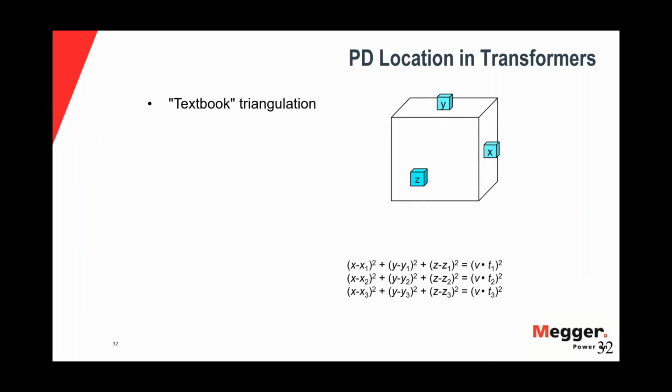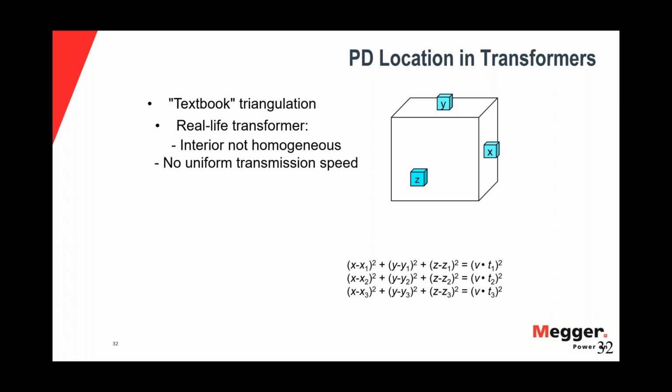Okay, so in acoustics, a textbook triangulation method means having three acoustic sensors at three different locations, and then using the time of flight of the PD, we can triangulate and find the location. However, keep in mind that in a real transformer, the interior is not homogeneous. It's a complex network with various objects in which the pulse travels at different speeds.